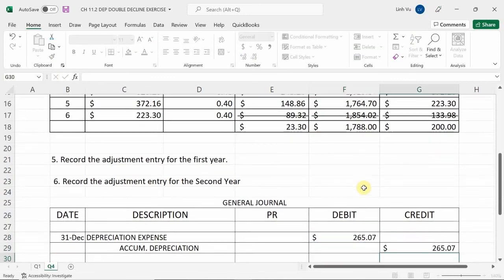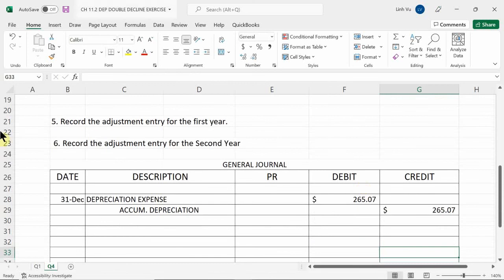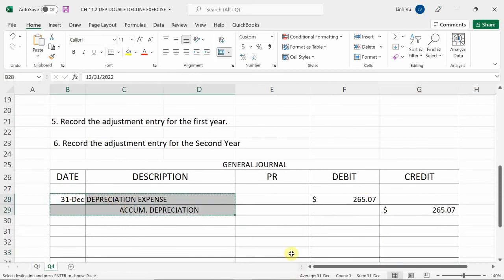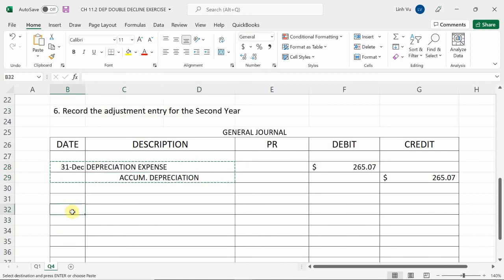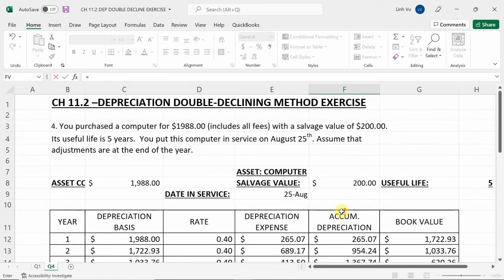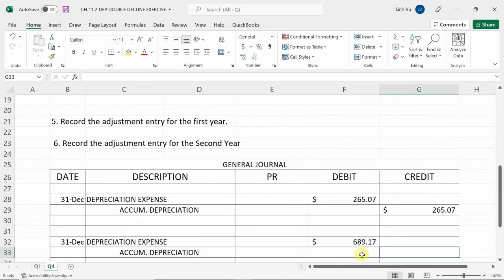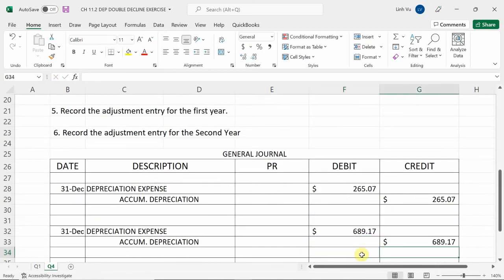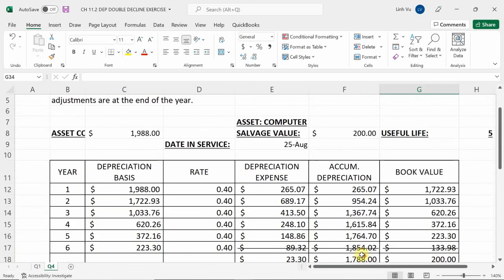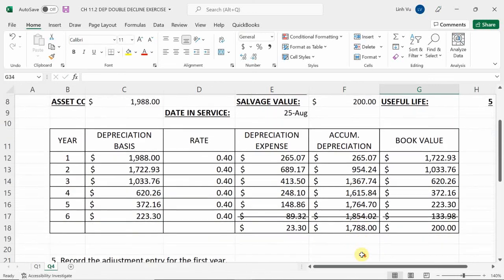Okay. And then what is the depreciation expense for year 2? 689.17. Good. Right? And that's how you do double declining.